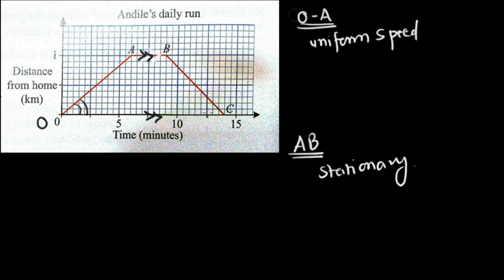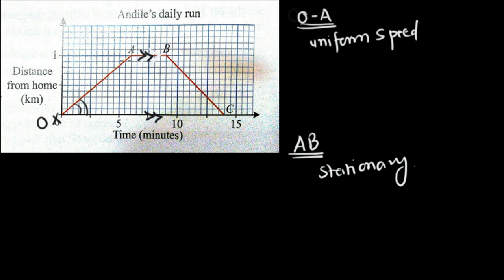And again it starts moving. What exactly, is it going down? Yes, of course, B to C. It starts from home. That's my home up there at the 0 level. I ran for around 1 kilometer, rested for a while there, and then turned back home. So it's my return journey.